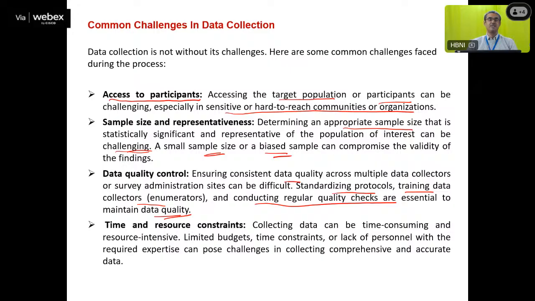Are your data not foolproof? So you have to ensure that the data collected is consistent and more correct. So how will you ensure that? Ensuring consistent data quality across multiple data collectors or survey administrator sites can be very difficult. And this is one challenge, data collection. Standardizing protocols, training data collectors, and conducting regular quality checks are essential to maintain data quality.